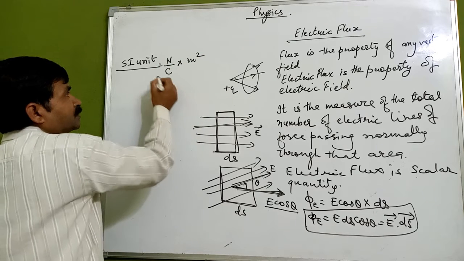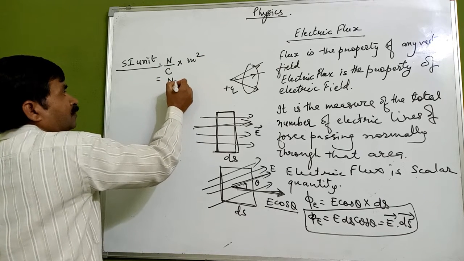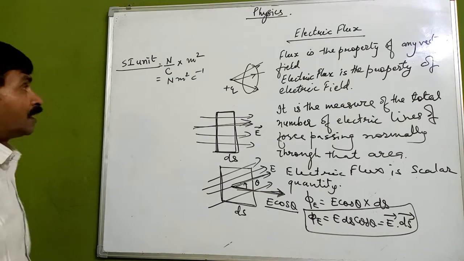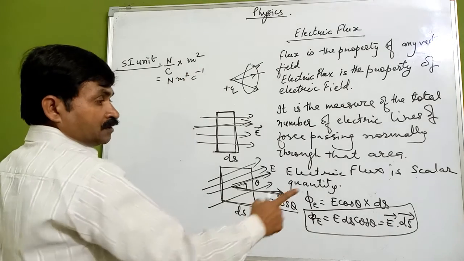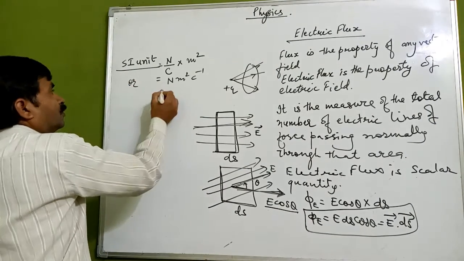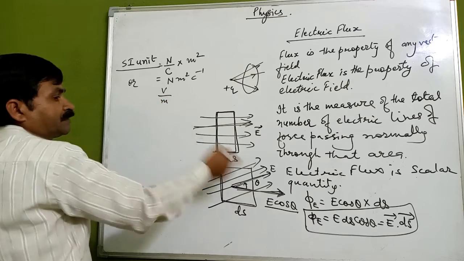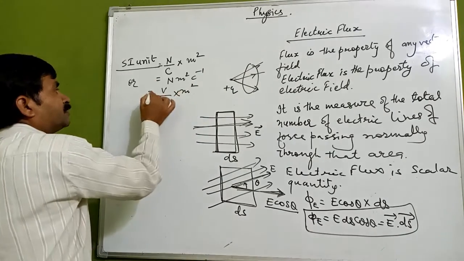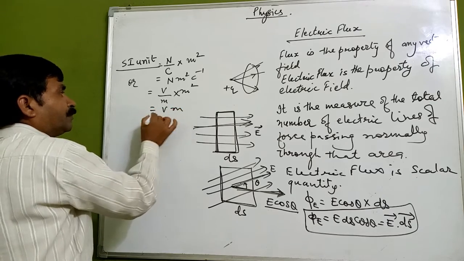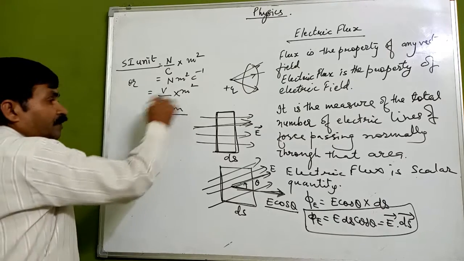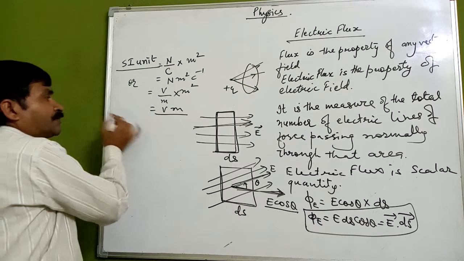So either we can use Newton meter square per coulomb, or another unit, volt per meter, which is the unit of electric field, multiplied with meter square. That gives volt into meter in terms of electric potential. So we have this SI unit.